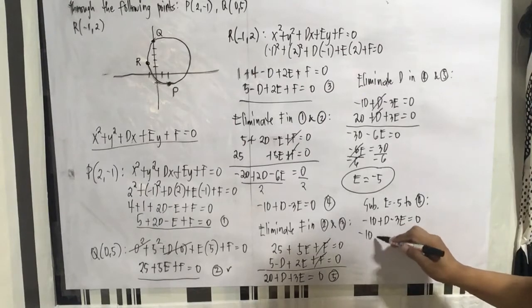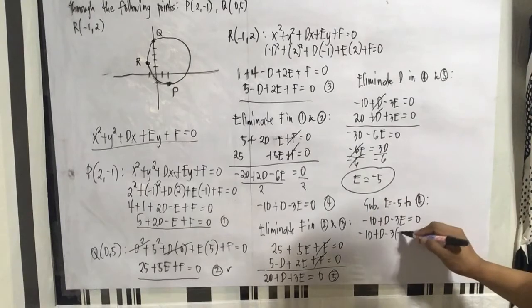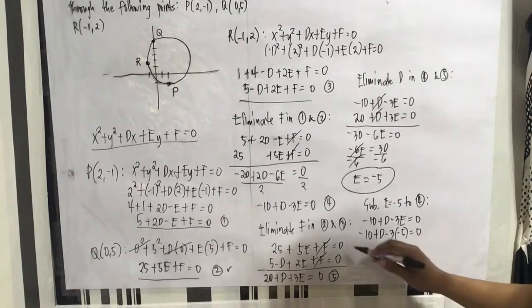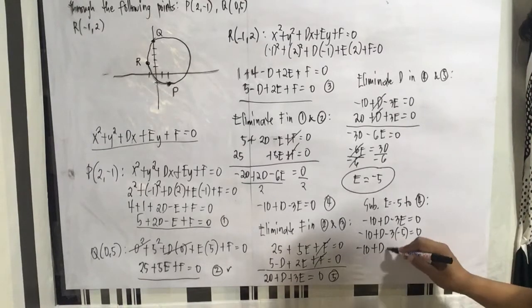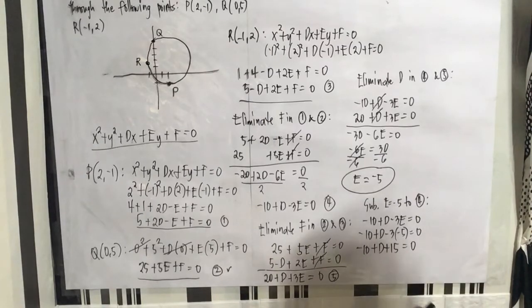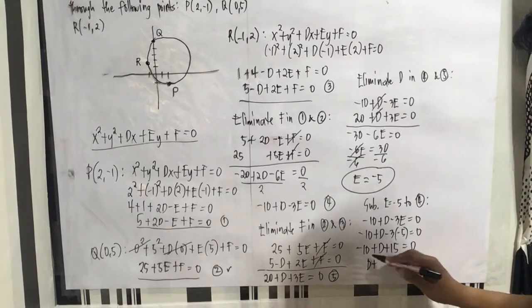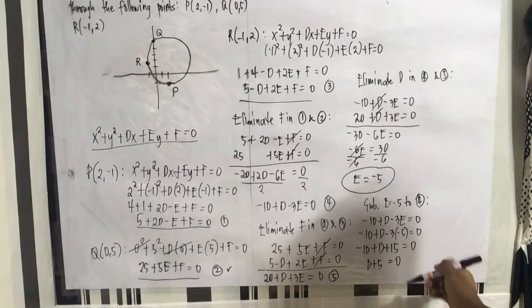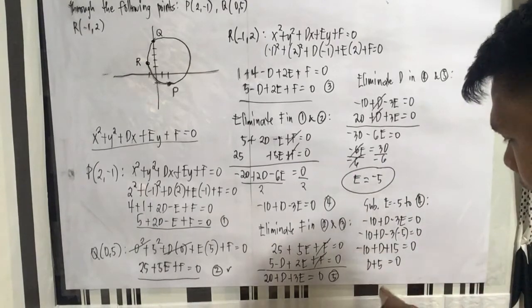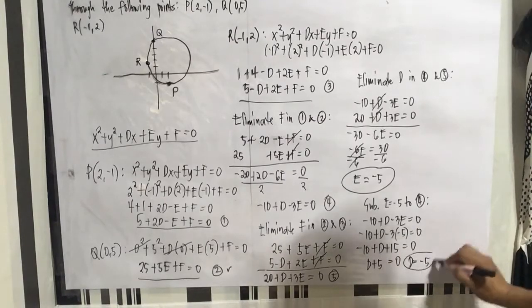So that is negative 10 plus d minus 3 times negative 5 equals 0. This is negative 10 plus d. Negative times negative is positive, 3 times 5 is 15, equals 0. Negative 10 plus 15, so that will be d plus 5 equals 0. Transpose positive 5 to the other side, then we will have d equals negative 5.